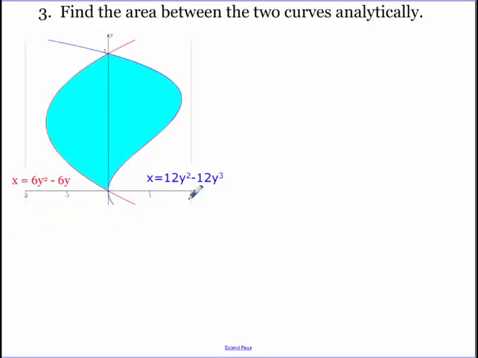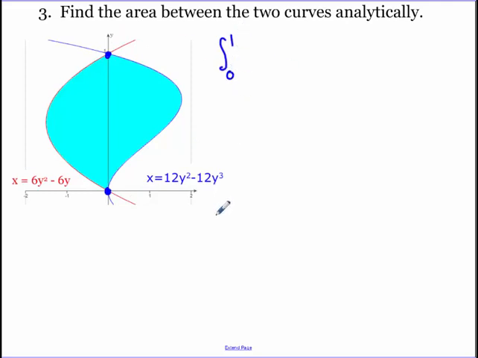Now notice how these functions both are in terms of y, and it looks like our area is a region in relation to our y-axis. So we're going to be integrating everything in relation to y. I'm going to be looking at the area from 0 to their intersection point up here, which is 1.